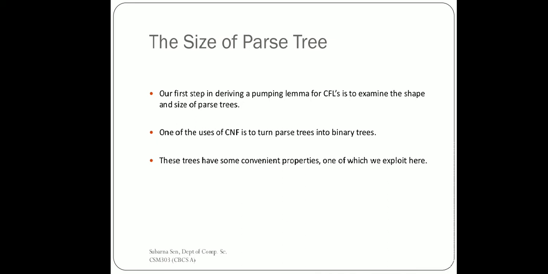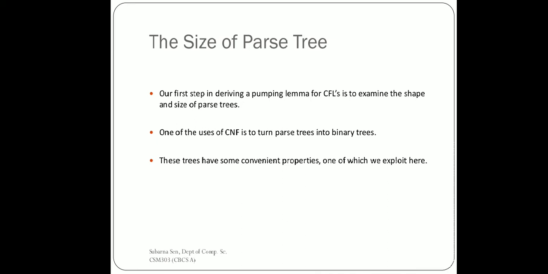For simplicity, we are not going to focus on that. We will just assume that this is true; it has been proven to be true, so we will just pick it up and use it. We will not show the procedure of converting a parse tree into a binary tree.